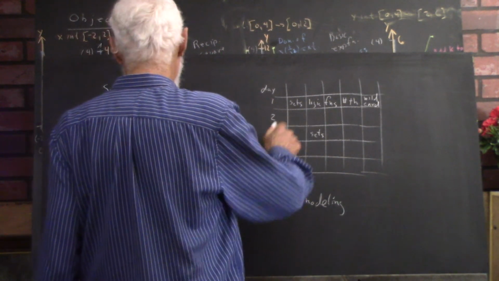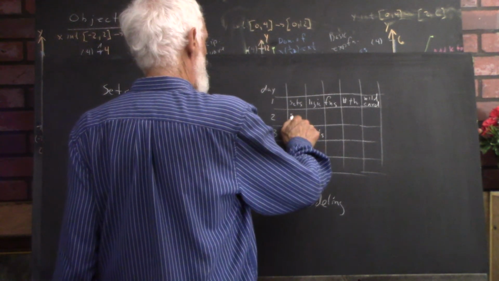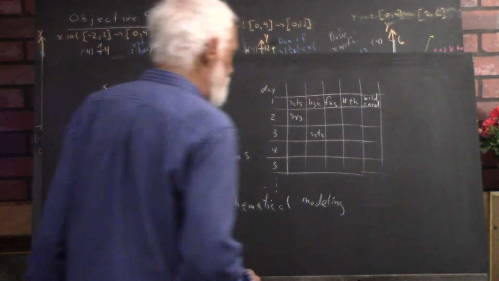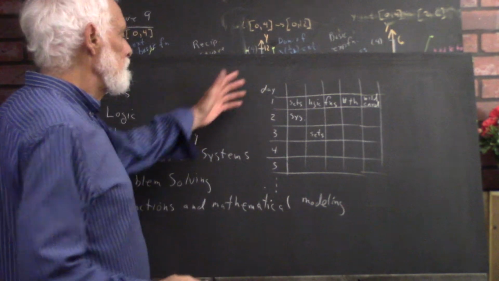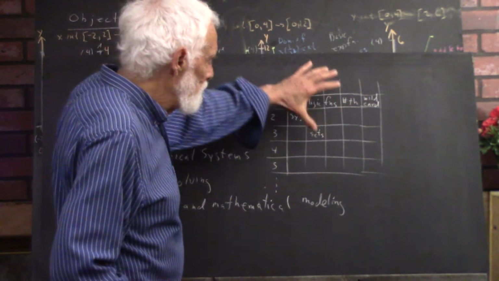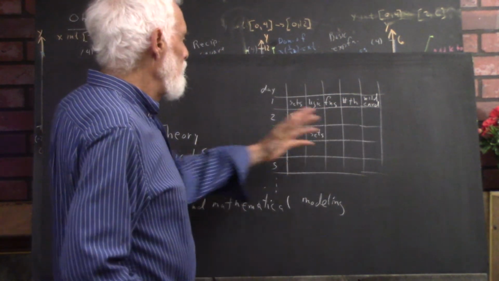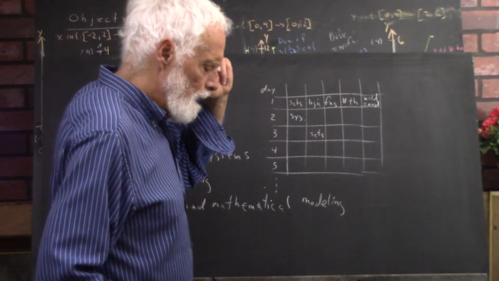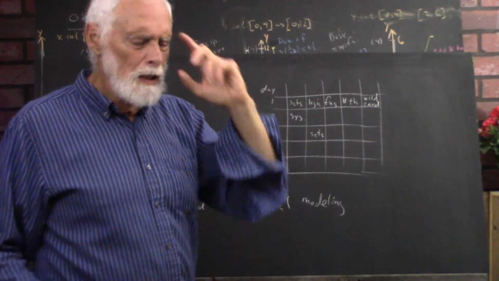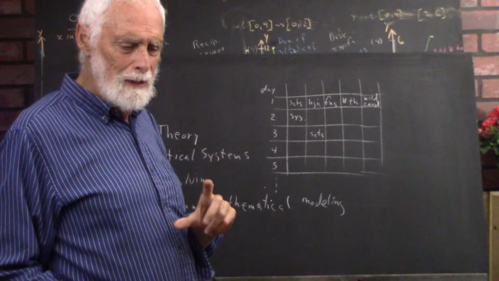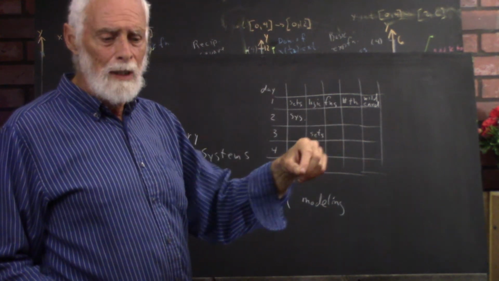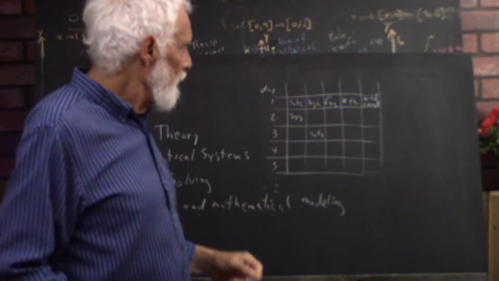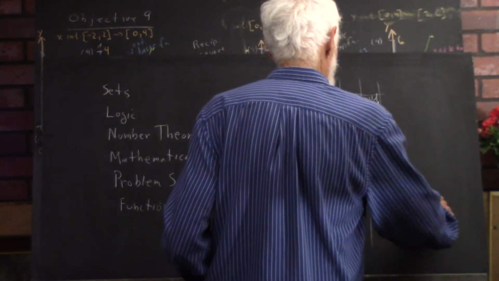Instead of sets, maybe we do mathematical systems for a day. And we fill in this grid in a way that covers each topic in about 4, 5, or 6 sessions, spread out over the 2 weeks. This is much better than trying to do this.